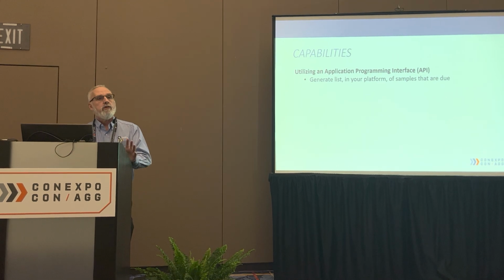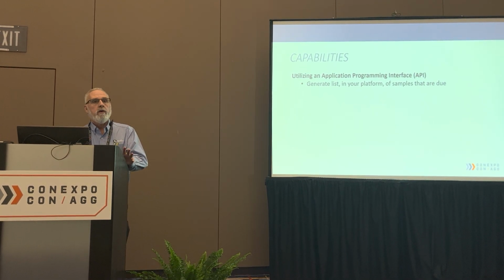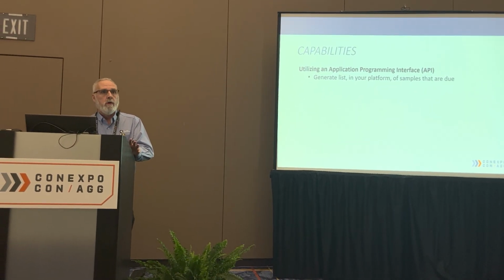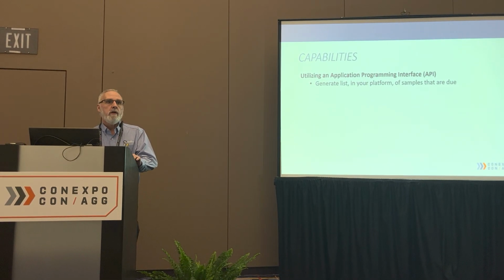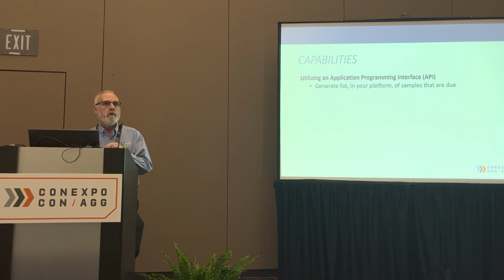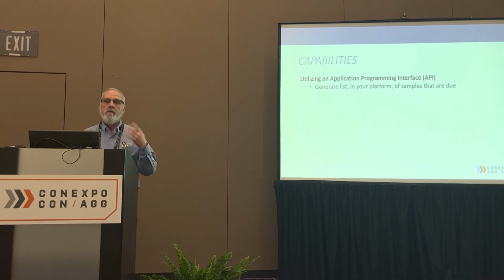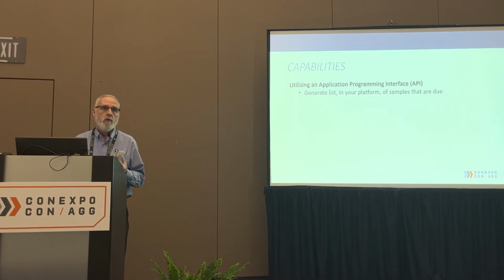Let me tell you why that's so important. A laboratory can only tell you what's due for a sample based on forecasted number of days that it takes you to reach your sample interval. So let me give you an example. Let's say that your sample interval is every 250 hours.